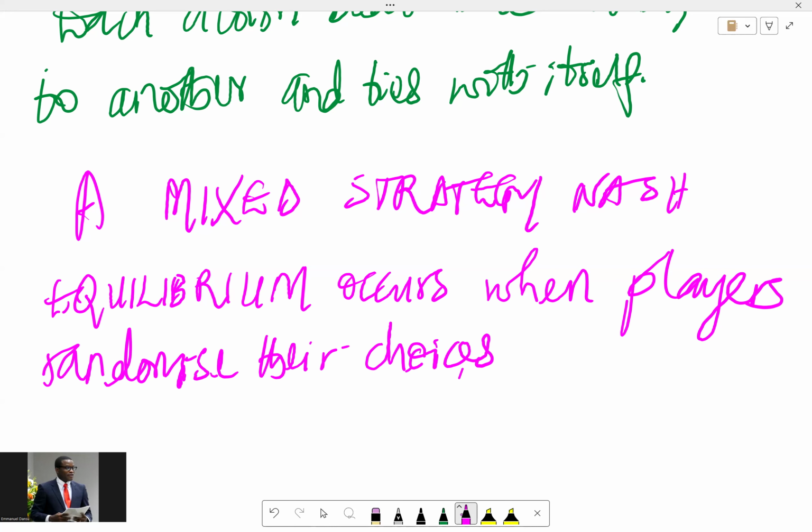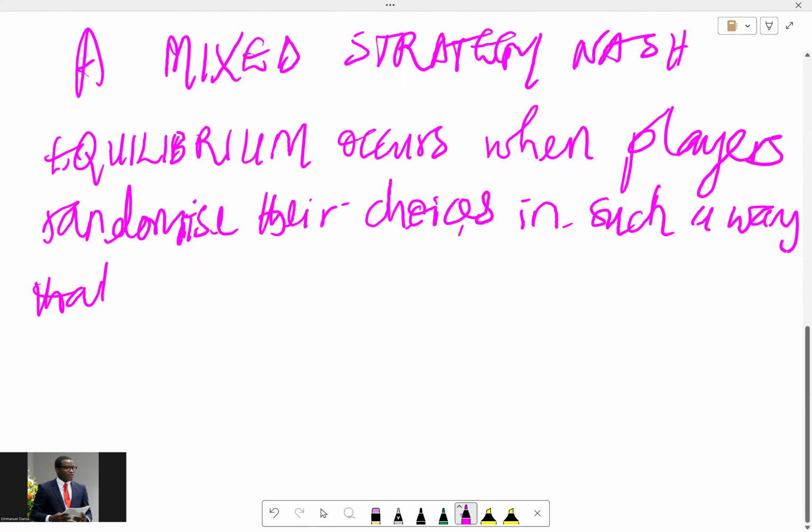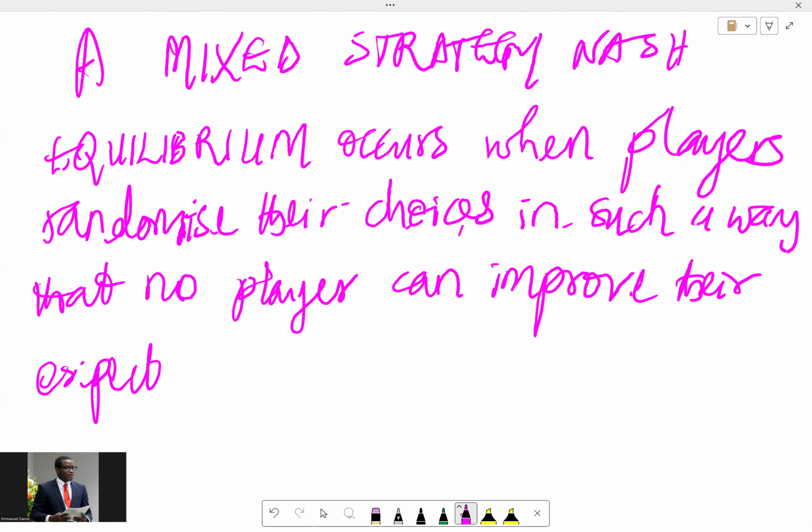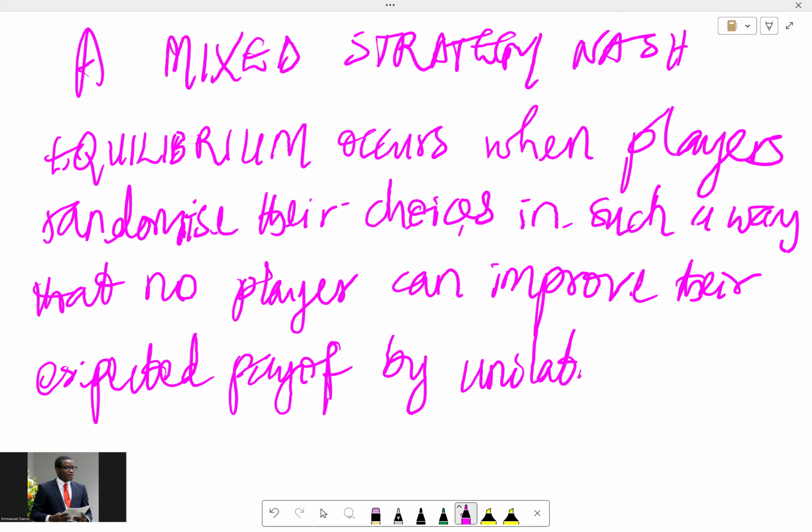So when players randomize their choices in such a way that no player can improve their expected payoff by unilaterally changing their strategy.